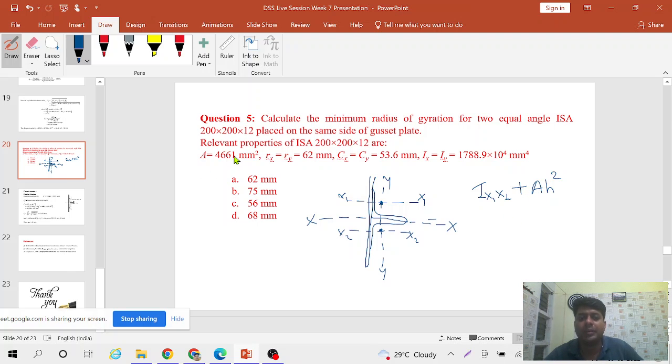The area of a single member is given here, 4661, and H is the distance, so Cx equal to Cy equal to 53.6. So this distance is 53.6 and this distance is 53.6. So the value of H is 53.6 and Ix is already given here, and as these are two sections, multiply by 2. So put the values and get the result.